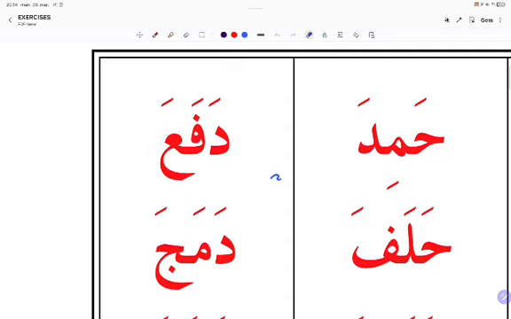If it was a meem, it would be open like this. The stomach will not be like this when it's a meem. It will just go down like this. That's how you can remember. Ain, fatha, a. Da, fa, a.